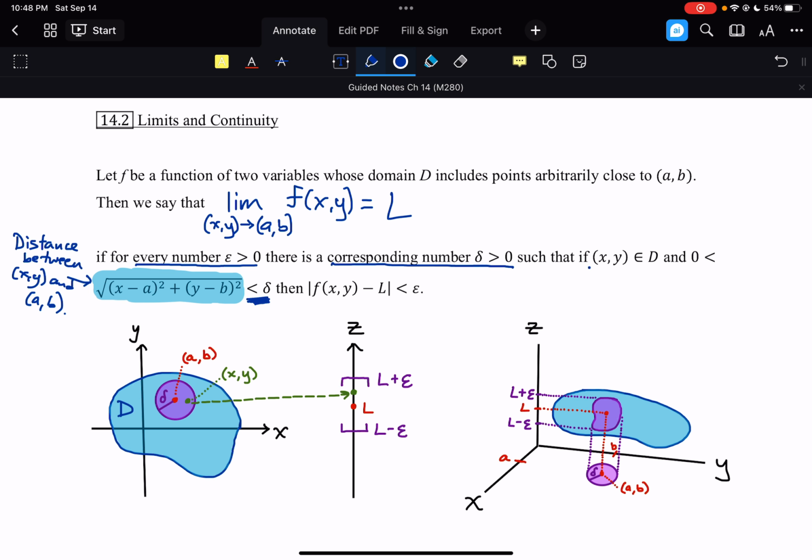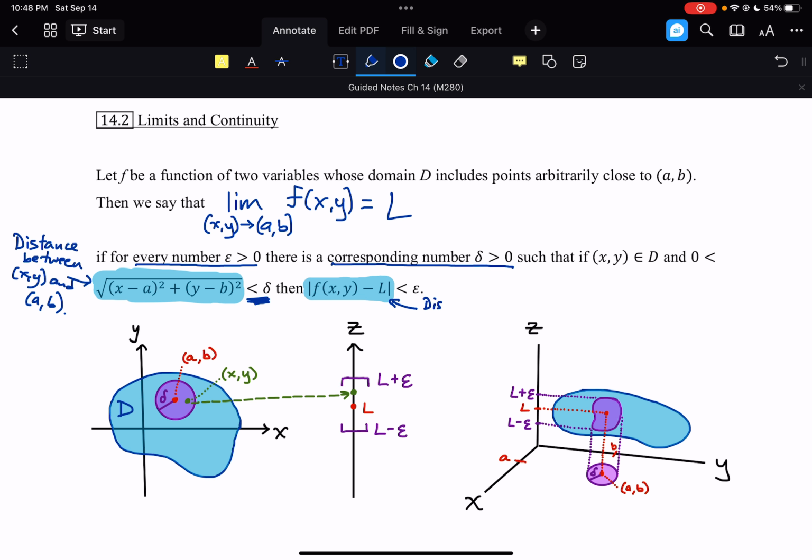So if (x, y) is in the domain and the distance between (x, y) and (a, b) is less than delta, so it's less than whatever this number is, then the absolute value of f(x, y) minus L is less than epsilon. This expression here is also representative of a distance. That's what the absolute value does. So we're taking the difference between f and L and then making it positive.